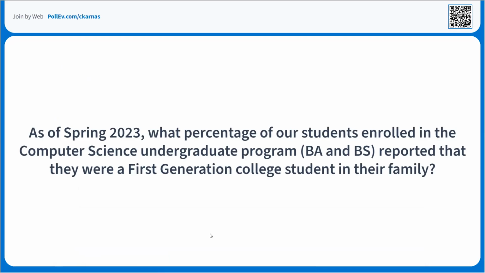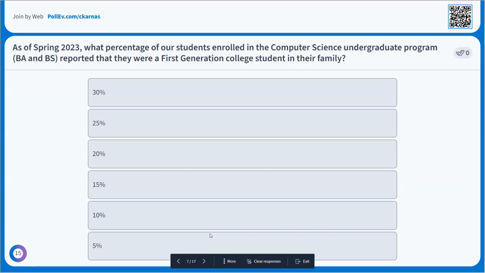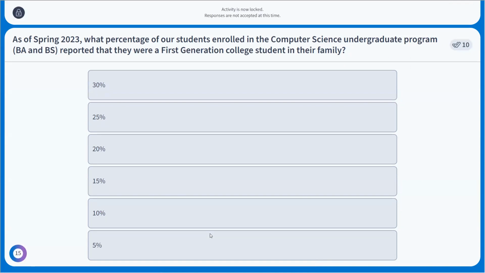As of spring 2023, what percentage of our students, again undergraduates, enrolled in the computer science undergraduate program, BA or BS, reported that they were a first generation college student in their family? So how many are reporting that they are first gen? 3, 2, 1.